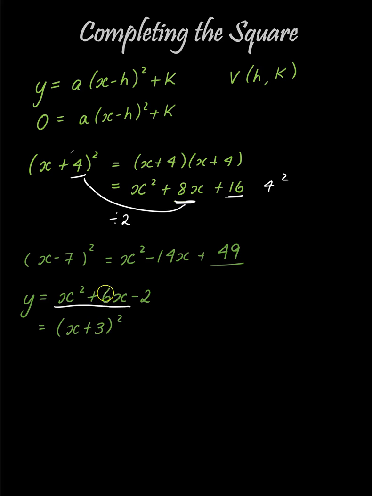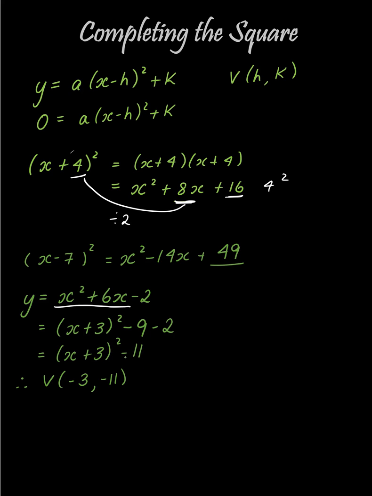So to make sure that this statement is true, I will then simply take 9. So x squared plus 6x plus 9, take 9, the 9s cancel, and my minus 2 is still sitting there. So this is (x plus 3) squared take 11. Therefore, the vertex will be (minus 3, minus 11). Reverse the sign, keep the sign.